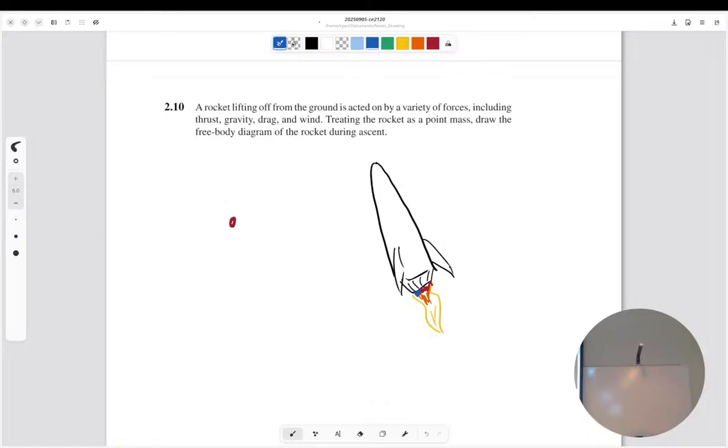We need some blue flames in there, right? And then there we go. Now we're ready. We're going to take the rocket and turn it into a point piece.